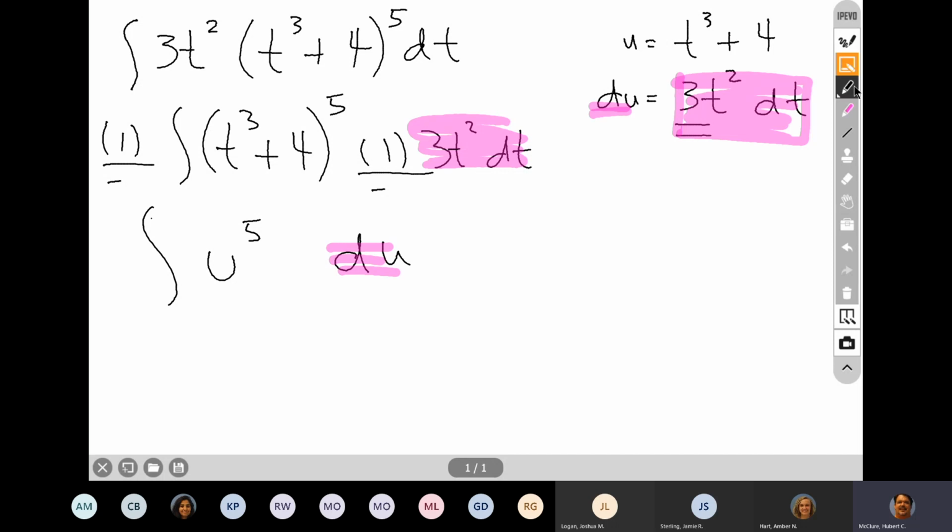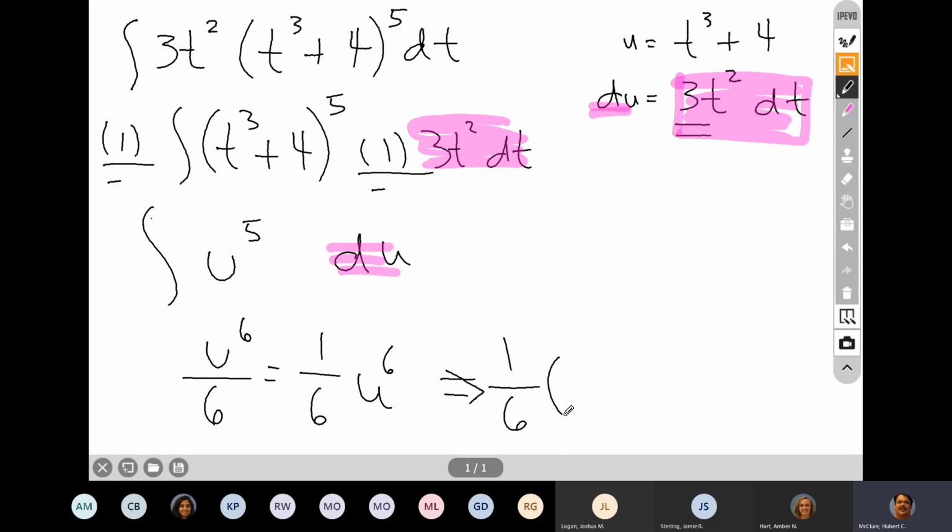Since I have u to the 5th du, I just say u to the 6th over 6, which is equal to 1/6 u to the 6th, which is equal to 1/6 parentheses to the 6th plus c, and plug in t to the 3rd plus 4.